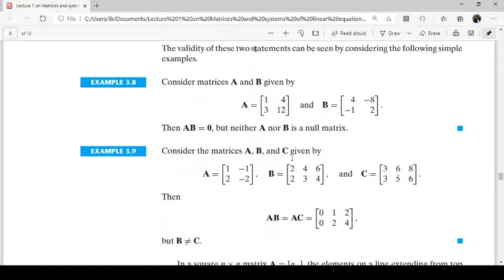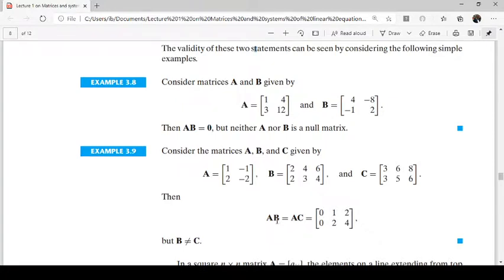I have matrices A, B, and C. Now, if I multiply A by B, AB, and I multiply A by C, AC, I'm going to have this.